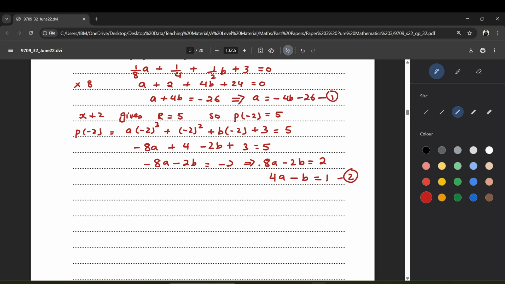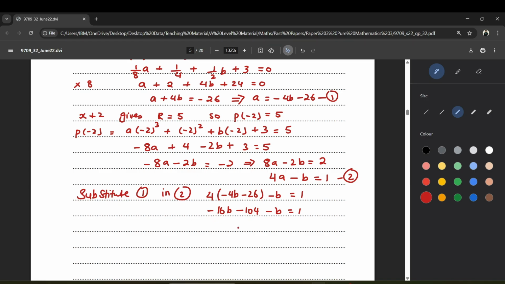Now I can directly substitute a into equation 2. So you have 4 times minus 4b minus 26 minus b equals 1. 4 times minus 4 will be minus 16b. 4 times minus 26, let me work that out. 26 times 4 is minus 104, minus b equals 1.